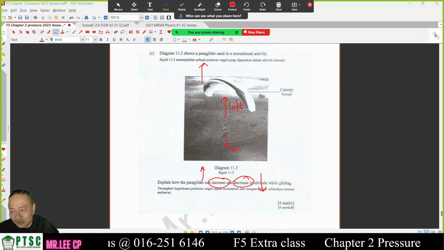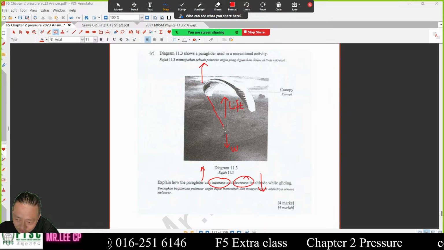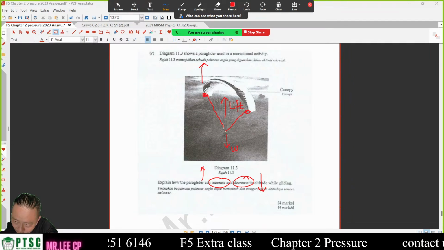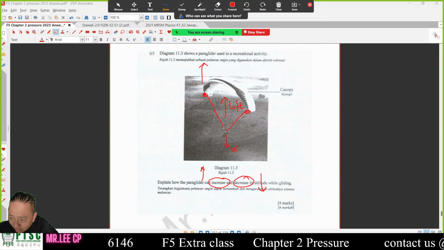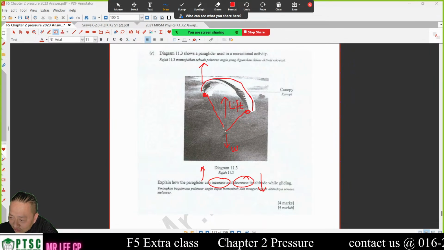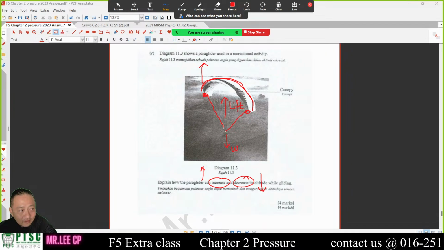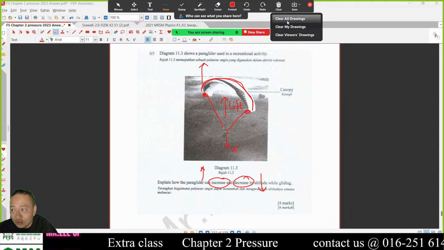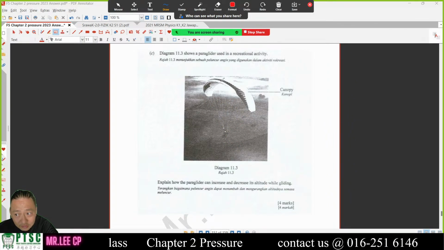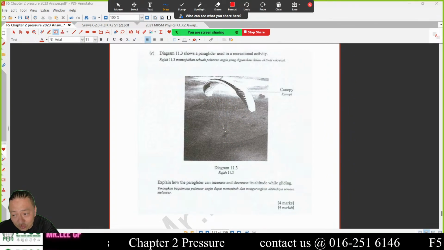Now what you need to do is pull this string here. You pull it or let go, to make the canopy curve more or curve less. So that's how to control. Now this is the Bernoulli principle. How does it work?